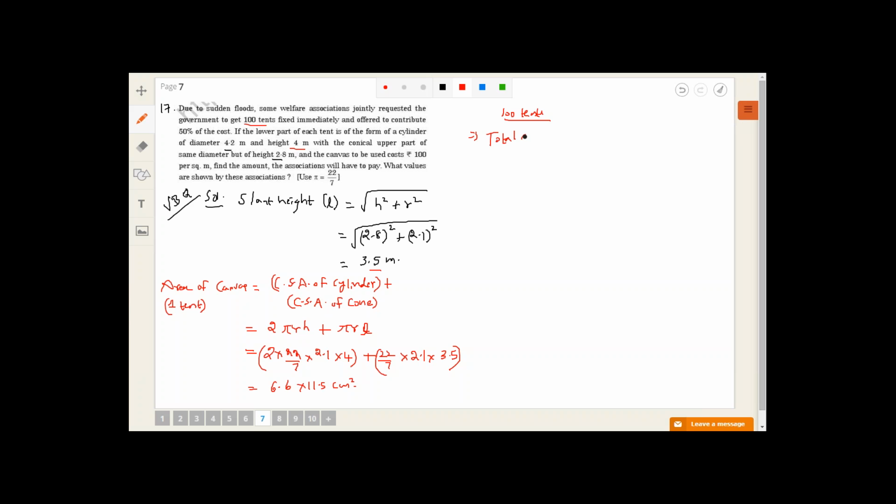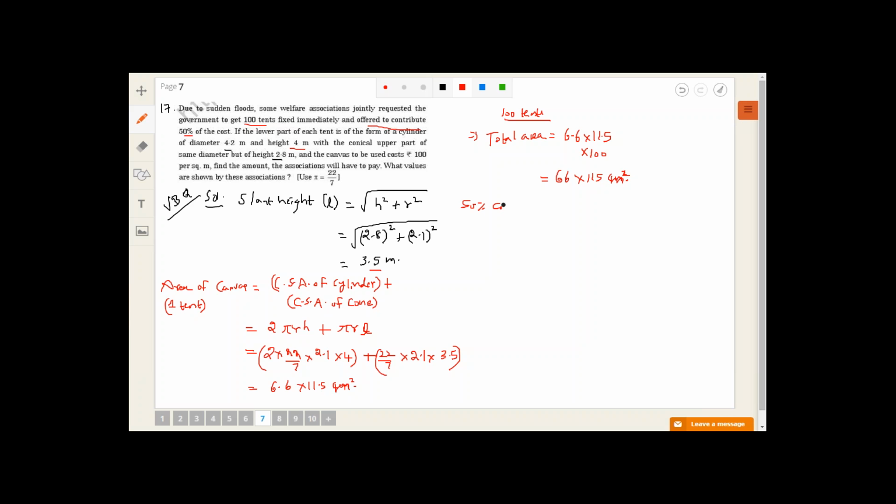So the total area will be equal to 6.6 into 11.5 into 100, which amounts to 66 into 115 meter square. But it is given that they offered to contribute only 50% of the cost.